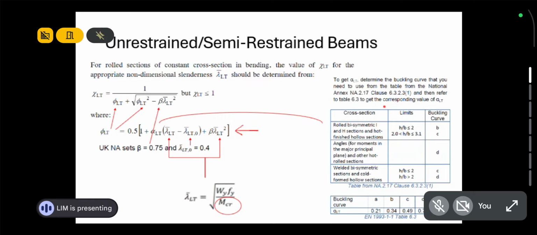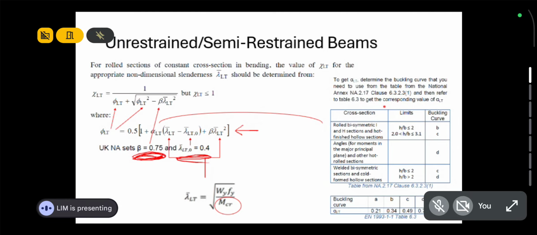Lambda LT naught, normally we use 0.4. So at least 2 of these are fixed constants. Now the only thing that's left that we don't know is alpha LT and lambda LT.